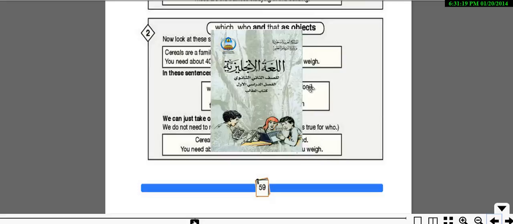You weigh is in the same order. You get a subject and then you get a verb. So as you can see here with which, we got we use, it's just a subject and a verb, and we didn't have to change the order to make it into a question form, and we didn't even have to add another ing form verb or so on. So that is the reason why we think of it as an object, because we don't have to change the form of the sentence afterwards.